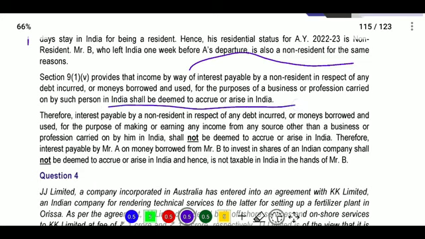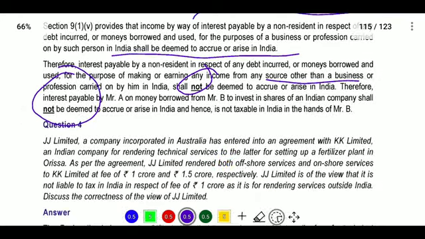Therefore, interest payable by a non-resident in respect of any debt incurred or money borrowed and used for the purpose of making or earning any income from any source other than business or profession carried on by him shall not be deemed to accrue or arise in India. Therefore, interest payable by Mr. A on money borrowed from Mr. B to invest in shares of an Indian company shall not be deemed to accrue or arise in India, and hence it is not taxable in India in the hands of Mr. B.